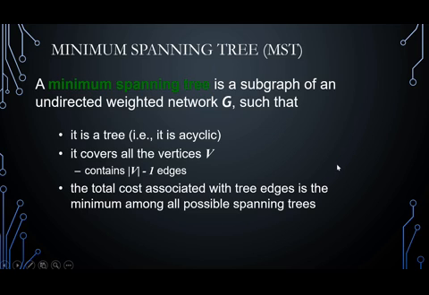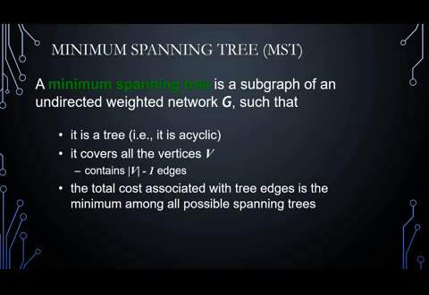Next, the total cost associated with the tree. You would have created a tree, right? It would have weights. So these weights should be added up. That is called the total cost of the tree. The total cost associated with the tree is minimum among all possible spanning trees.